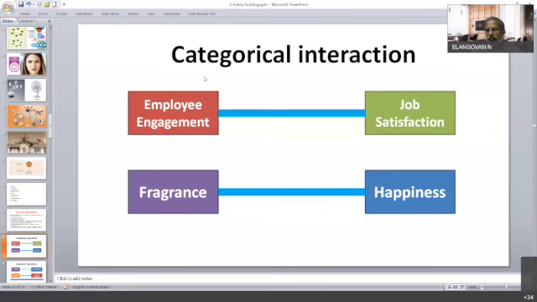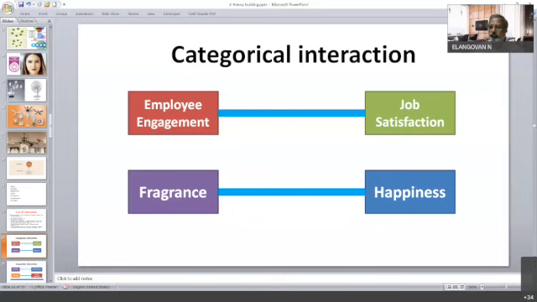When this object is there, this object is also there. So when job employment is there, job satisfaction is also there. When fragrance is there, happiness is also there. This kind of interaction is called categorical interaction. It only gives the presence. When one is present, the other one is also present.